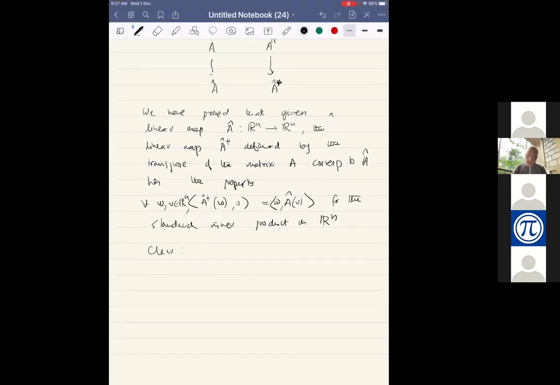I'm saying it's clear, but you have to check that A hat going to A hat dagger by the above prescription is linear.